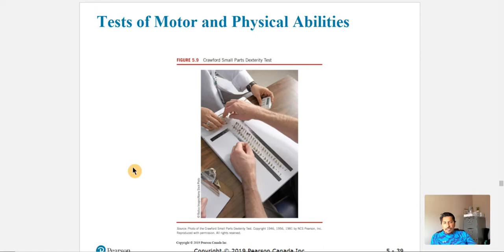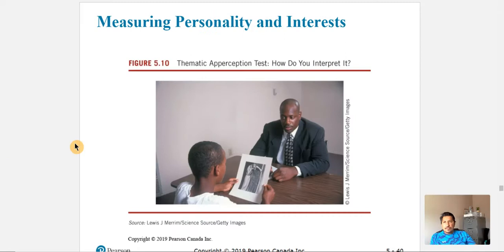I think that is primarily used in the automobile sector, where you work on a moving assembly line and need to put the car parts into the right place. Thematic apperception test. In these tests, an image is given to the individual, and the applicant talks about it.